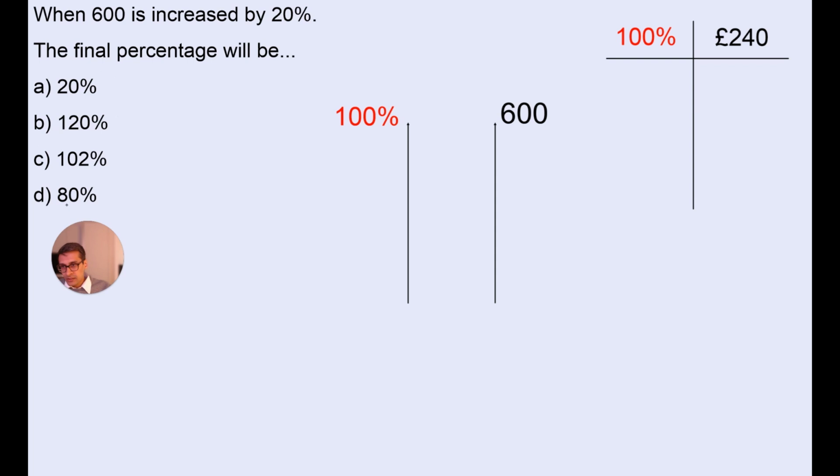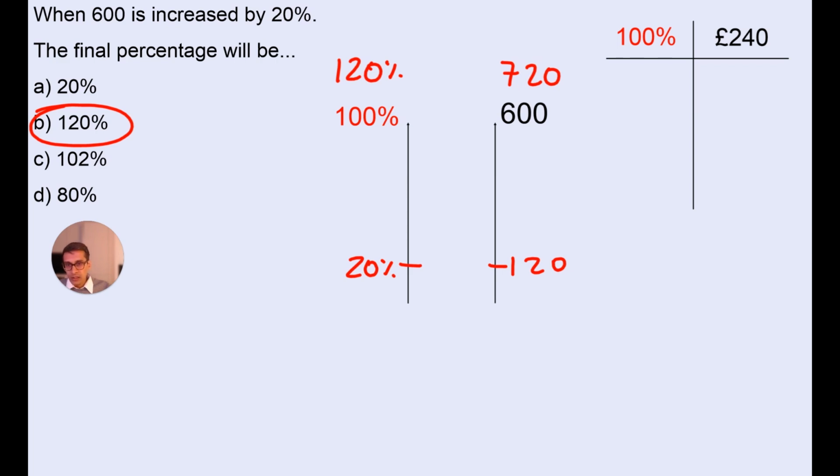Okay, I hope you've selected the right answer. It's going to be 120%. So 120% is what we're going to need to work out. One way to work this out quickly is perhaps to work out 20% first, which is going to be 120, because you divide by 5, and then you add this together. So 600 plus 120, 720.